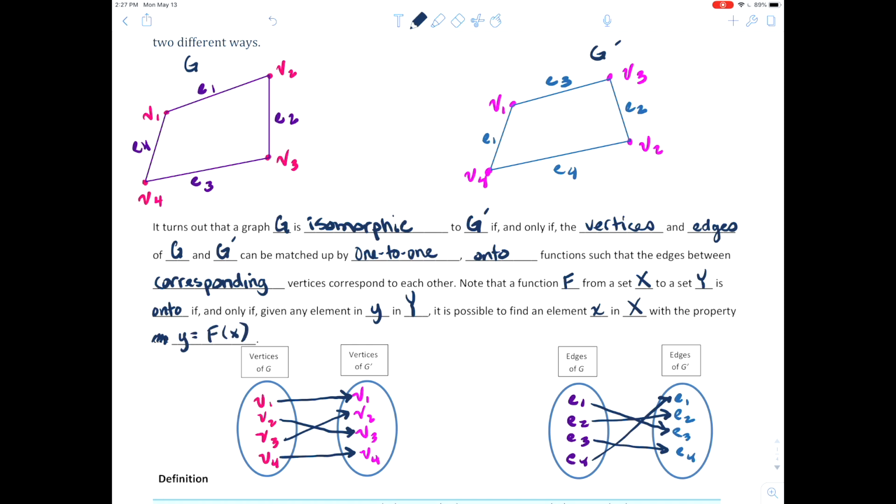So what that means is that every element in the set Y has to have a pre-image, has to have some input. Okay? So you'll learn more about that in linear algebra.